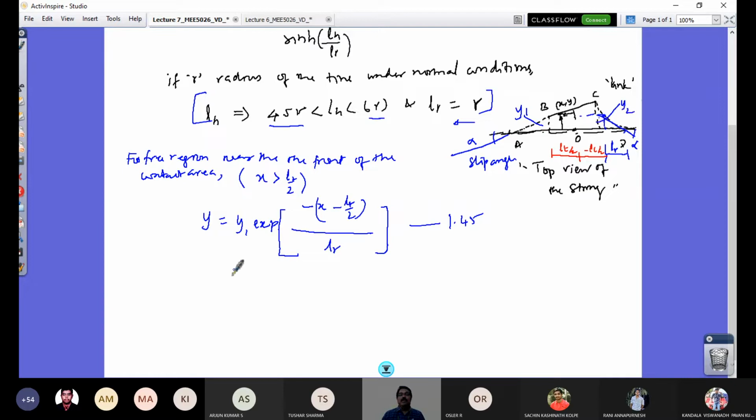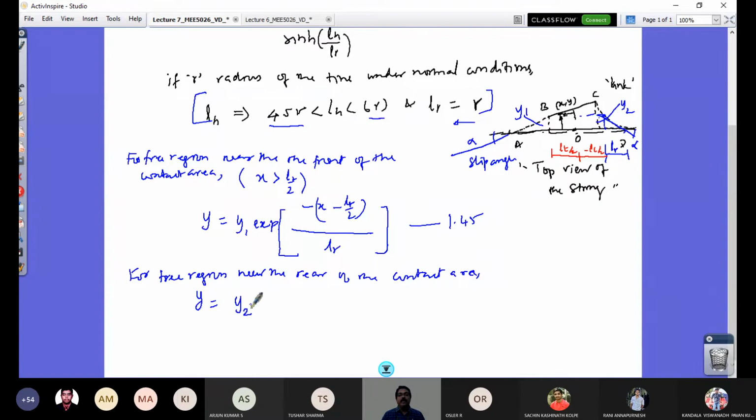If it is clear, next step you could easily guess what I'm going to write is the expression of y2, for the free region near the rear of the contact area.